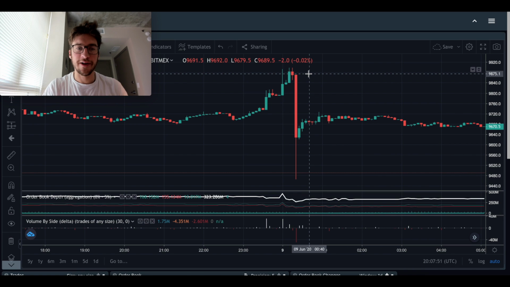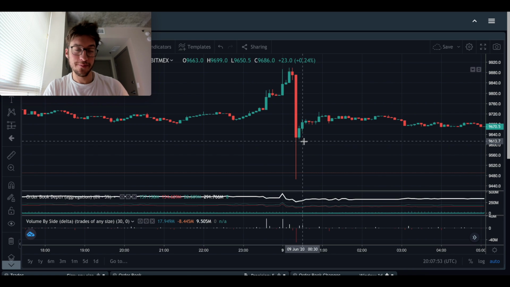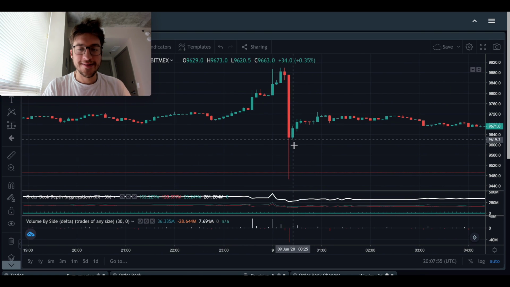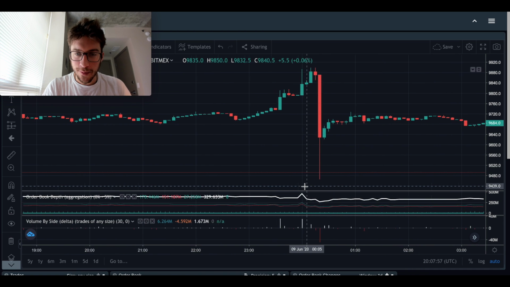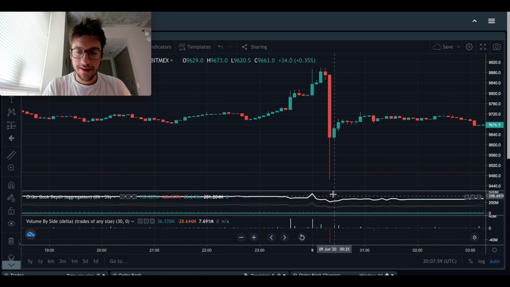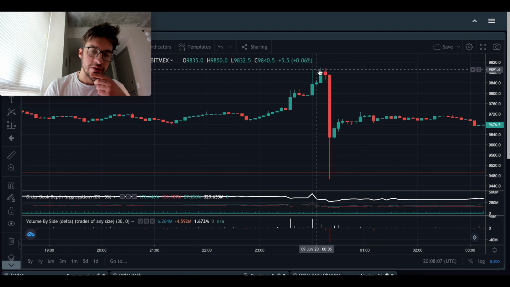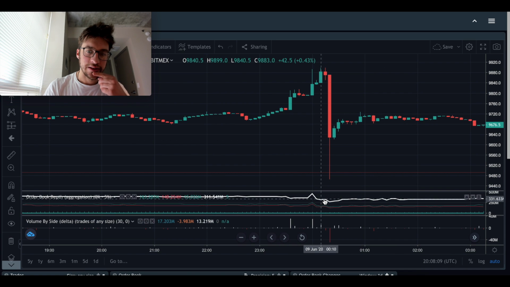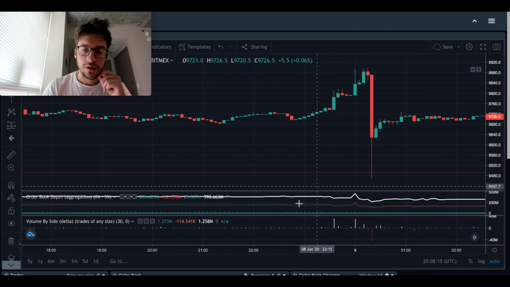I said price pumped and then price dropped, which it did, but this is a lot more than I expected. Price always does what you least expect, as the old adage says. But yeah, we get a liquidity drop-off near this high. This looks bad for the bulls. And then we get that, which looks bad for the bears because there's less liquidity on the books.